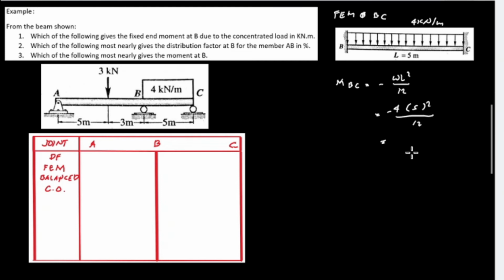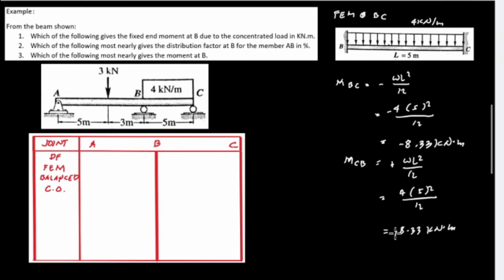MBC is equal to negative 8.33 kilonewton meter. MCB is also positive WL squared all over 12, 4 times 5 squared all over 12, and it is also positive 8.33 kilonewton meter.